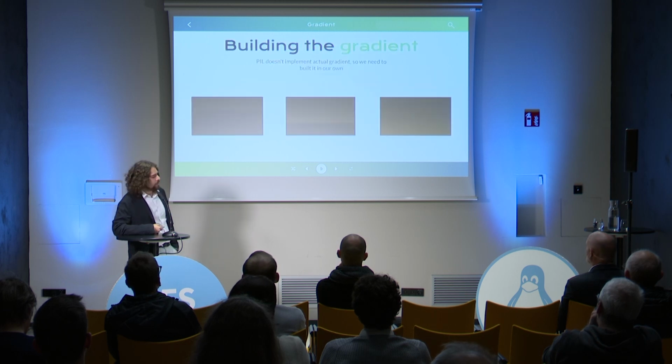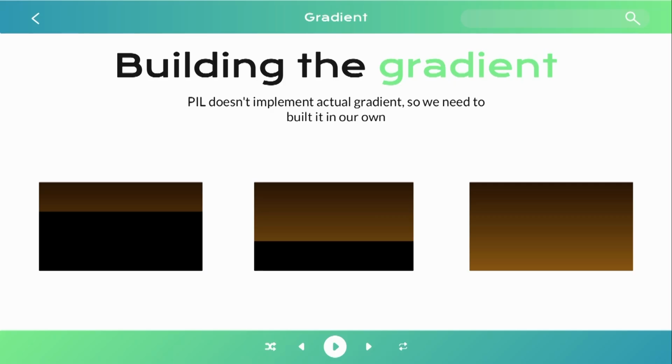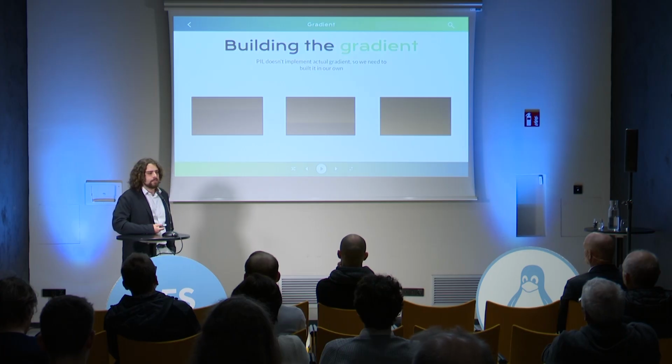The other mode I'd like to show you is the gradient one, because the Python library I use to manipulate images, the Python Imaging Library, or PIL, doesn't have an actual function that outputs an image as a gradient. So I needed to build my own method to generate this gradient.